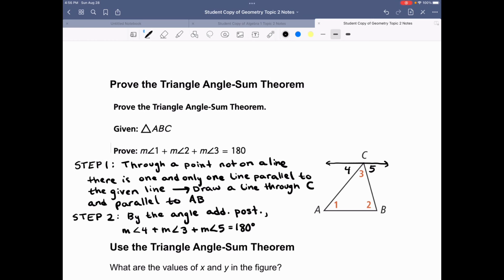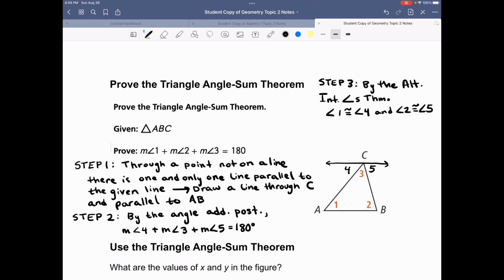Step 3. We're running out of space, but I'm going to just come up here to the top. By the alternate interior angles theorem, angle 1 is congruent to angle 4, and angle 2 is congruent to angle 5.